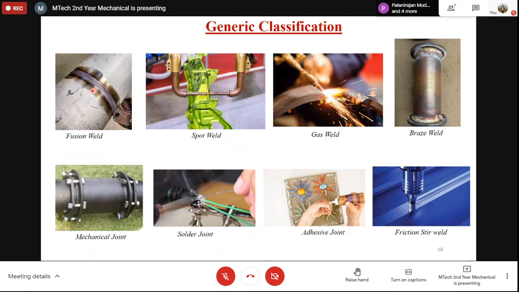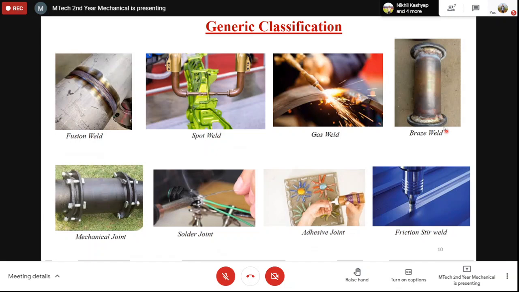The spot welding is used for automobile parts or cabin parts, the sheet metals. If you need to join sheet metals, you can use spot welding. Or gas welding is there, where you use the flame of a burning gas to melt the material and get the joint.